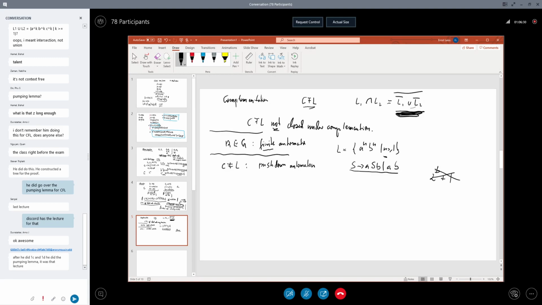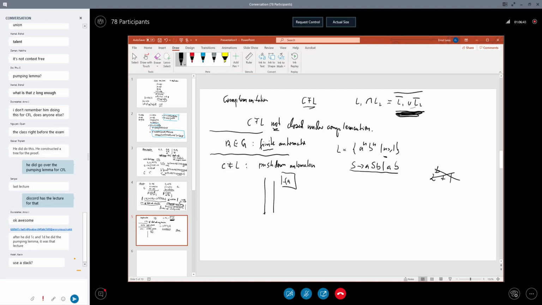So how does a push-down automaton handle that? Well, a push-down automaton is basically a finite automaton plus a stack, where you can record how many A's you've seen by simply putting a marker on that stack for every A you've seen.